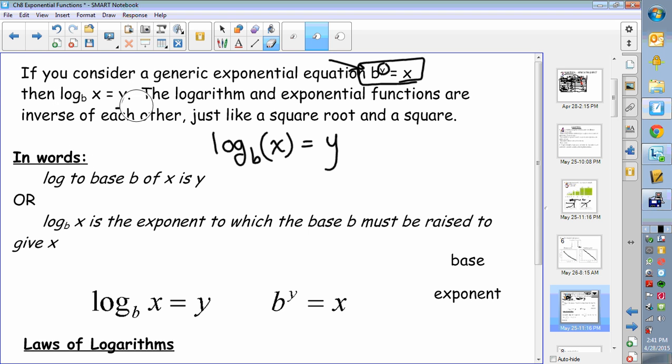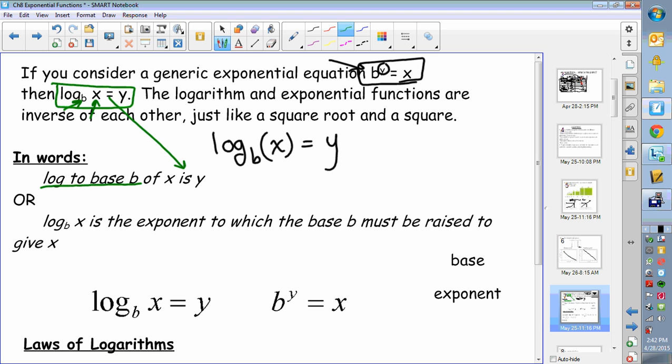Okay, so how would we say this in words? Well, when you see log b x equals y, you would say log to base b, where b is the base, log to base b of x, that's what you're taking the log of, equals means is y.